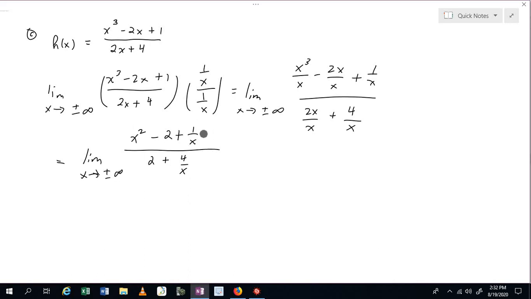And notice again, as this happens, this heads towards 0 and this heads towards 0. And so on the top, as x is heading towards infinity, x squared is also heading towards infinity, right? This is just going to get larger and larger and larger as x gets larger. So this is sort of like a really big number minus 2, which is still a really big number, plus something that's really close to 0.